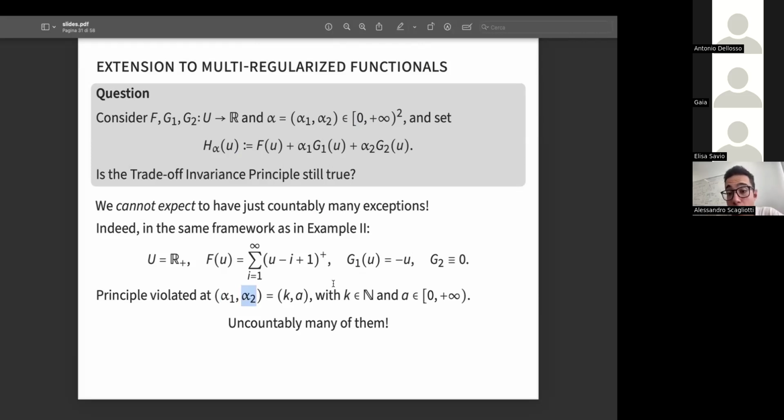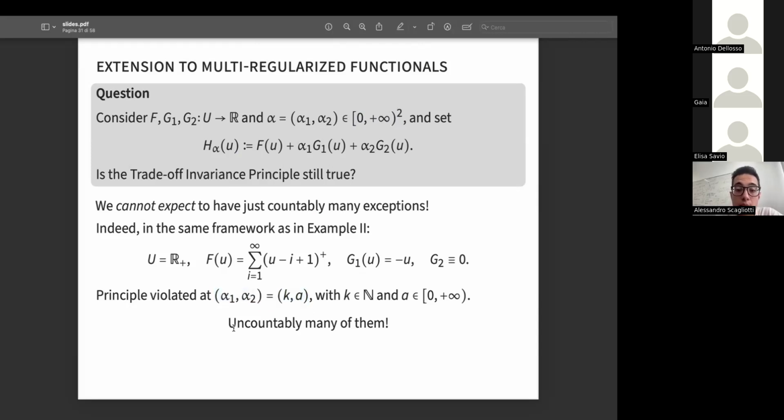So we have a violation of the principle whenever k is an integer, a natural number, and for every value of a in 0 plus infinity, so basically for any value of alpha 2. As you may see, we have uncountably many of them. On the other hand, if we imagine placing them in this subset of R2, all these bad values are lying on countably many vertical lines.